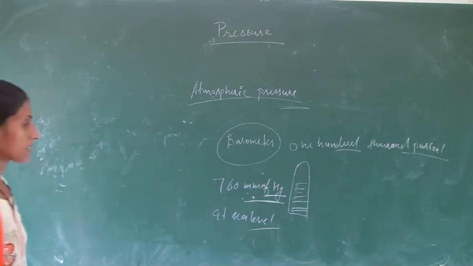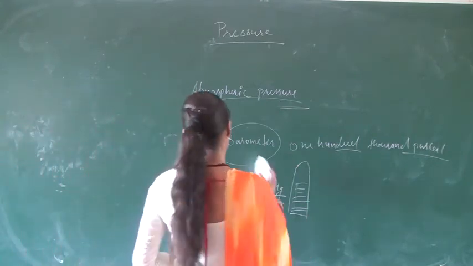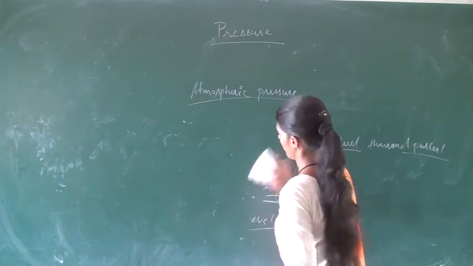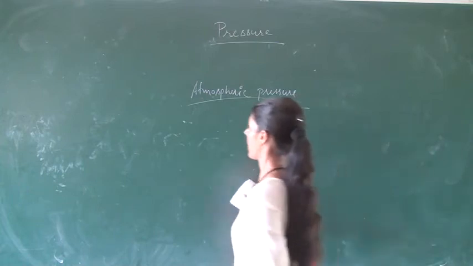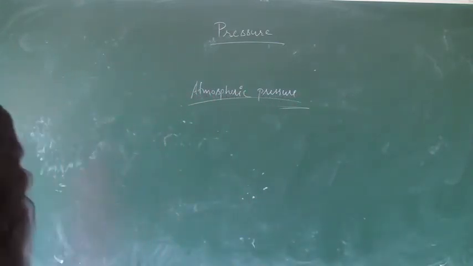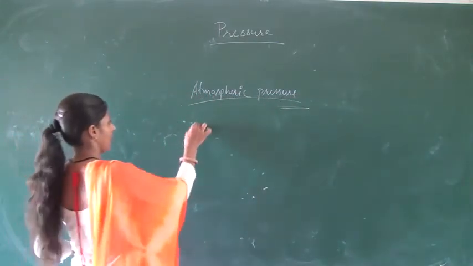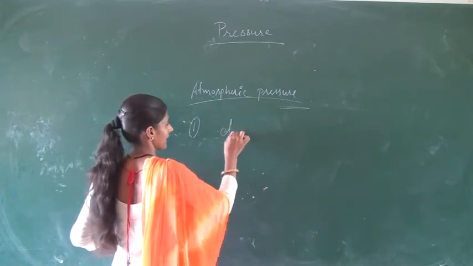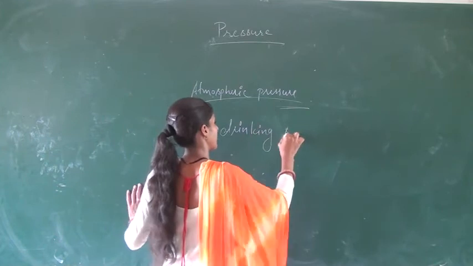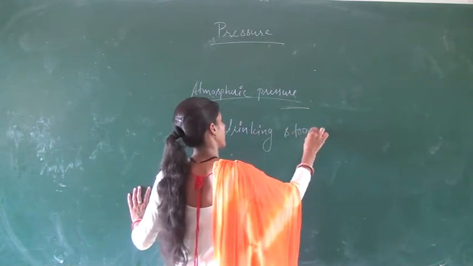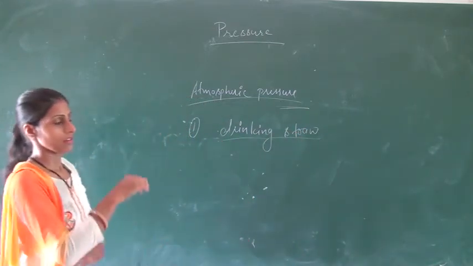After that, some important observations which we observe in our day-to-day life about atmospheric pressure. First observation is the drinking straw.